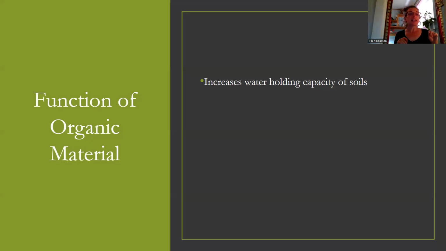Anyways, let's imagine we have a ball of aluminum foil and we have a loofah sponge, and we dunk both of them into a bucket of water and pull them out. Which one is going to hold more water? It's going to be that loofah sponge, right? Because the ball of aluminum is going to have all of that water that hit the surfaces run off.